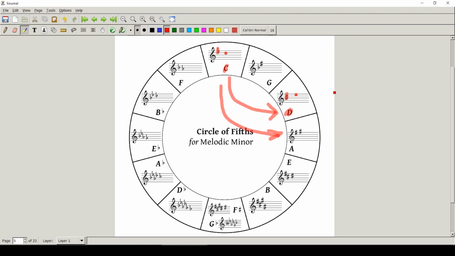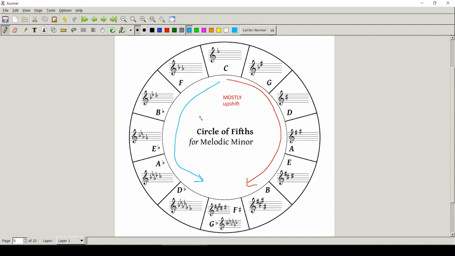So for the most part, we still could say that clockwise motion is mostly upshift, and counterclockwise motion is mostly downshift. As long as you're moving far enough, as long as the scales are different enough from each other that you avoid this problem of a scale and its immediate neighbors.